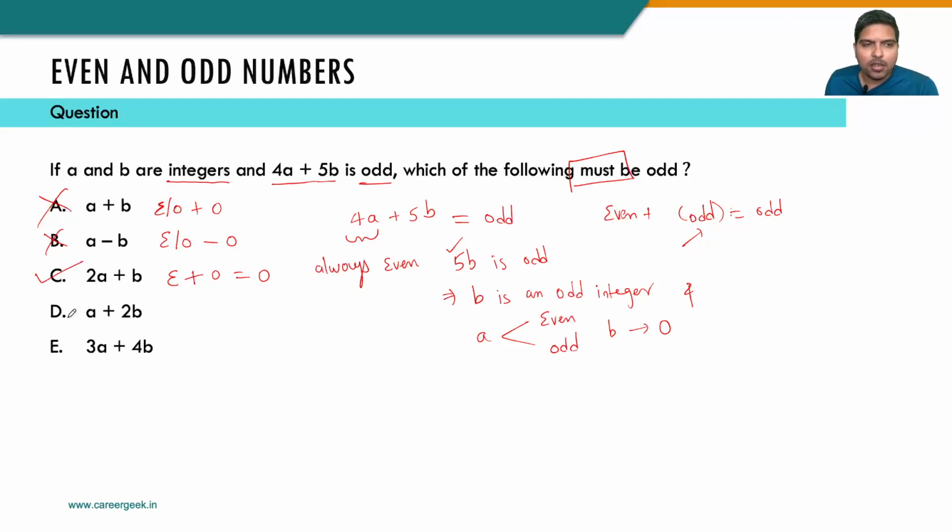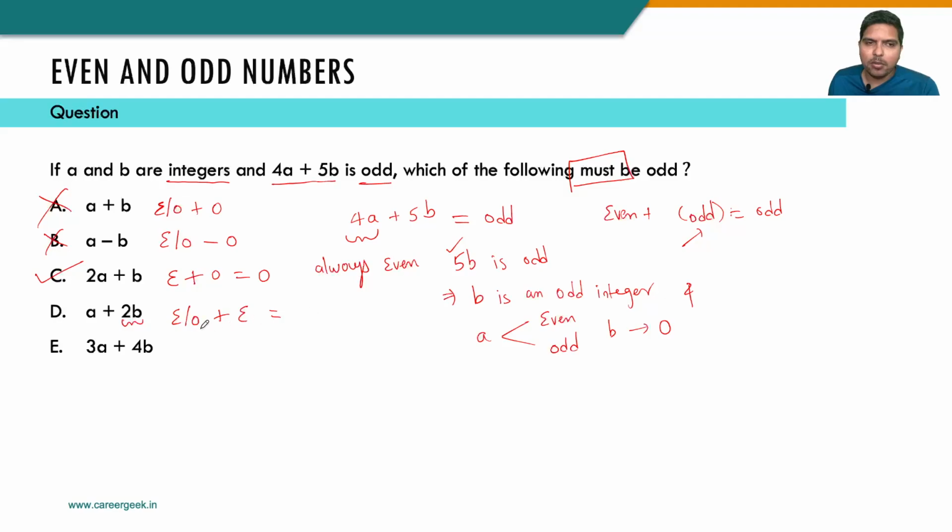You can always check the other two options while practicing, but in the exam you need not do so unless you have plenty of time. So we'll check the other two options. Now D says a plus 2b, right? A is even or odd, plus 2 times b. Now 2 times odd is always even.